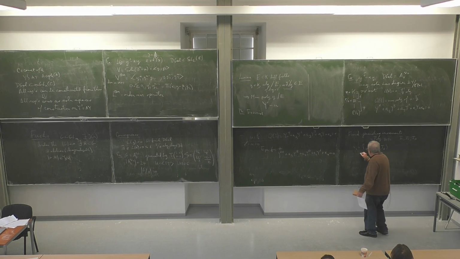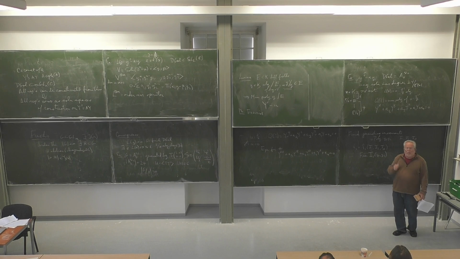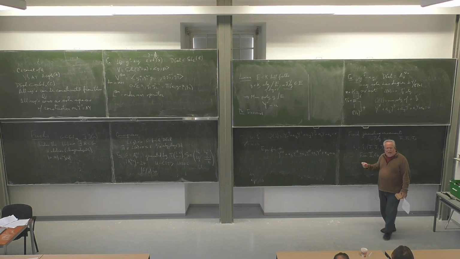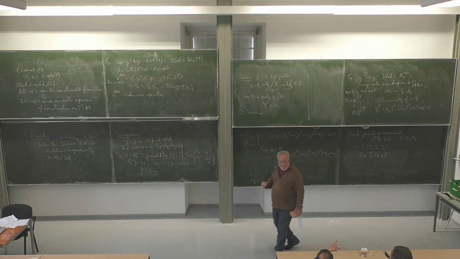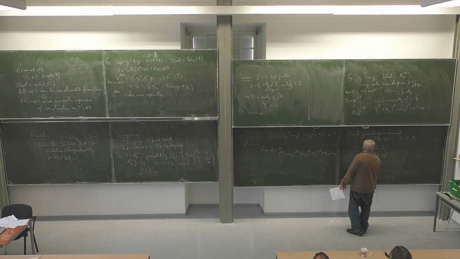And then you have to find the value of these when you plug in solutions of the differential equation. But this is a symmetric polynomial in solutions. It satisfies a linear differential equation.